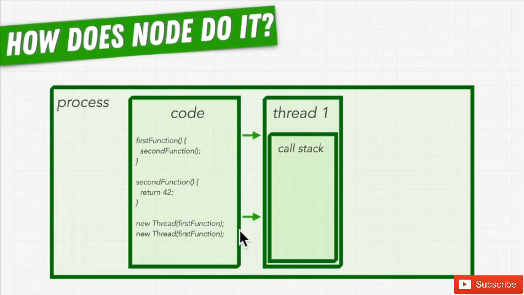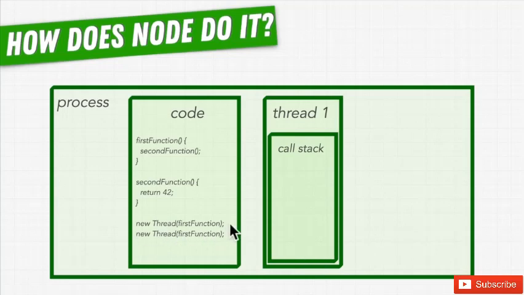This sequence of operations lives inside the call stack, which is in turn part of the thread. Like a stack of bricks, new function calls go on top of the stack, and functions that are done executing are removed from the top.